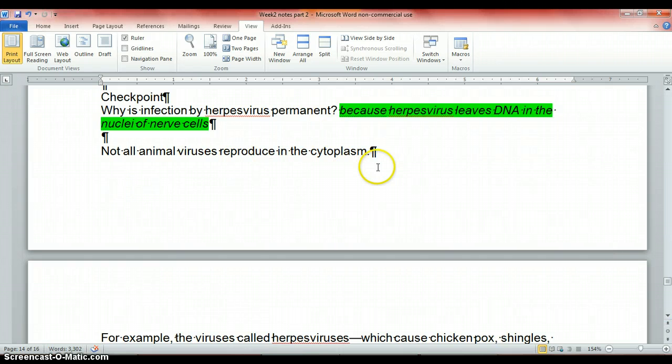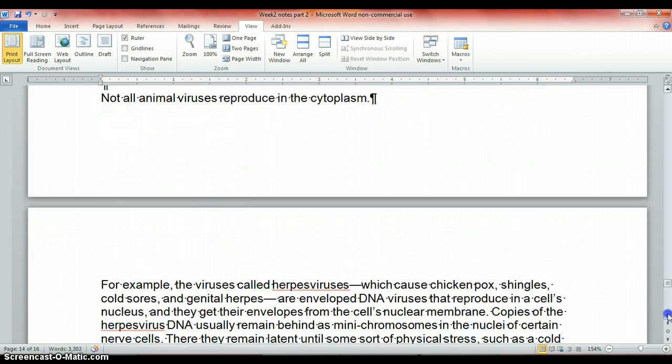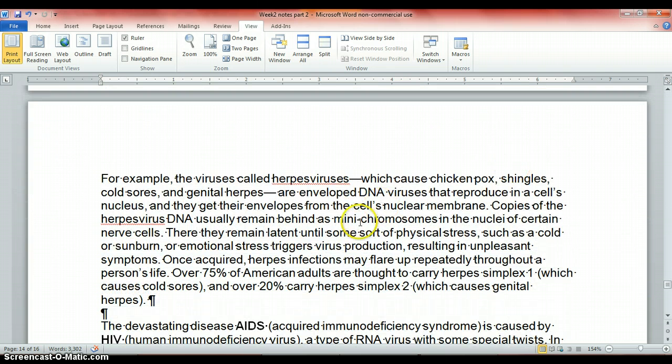Not all animal viruses reproduce in the cytoplasm. For example, viruses called herpes viruses, which can cause chickenpox, shingles, cold sores, and genital herpes, are enveloped DNA viruses that reproduce in a cell's nucleus. And they get their envelopes from the cell's nuclear membrane.